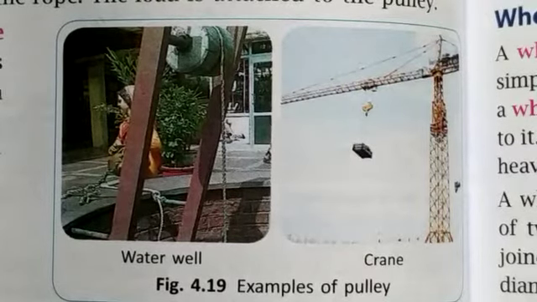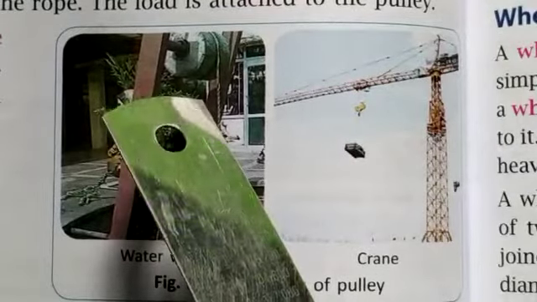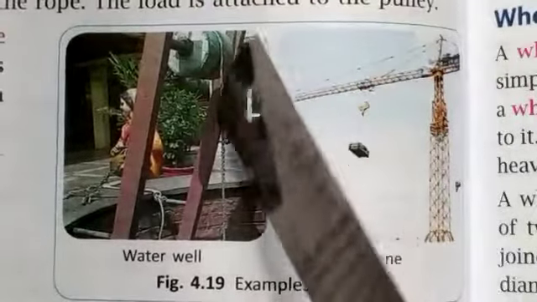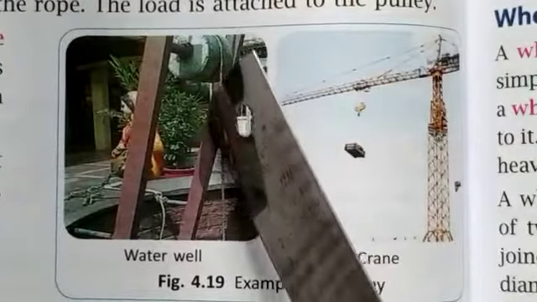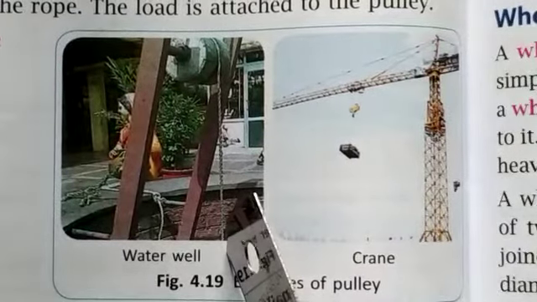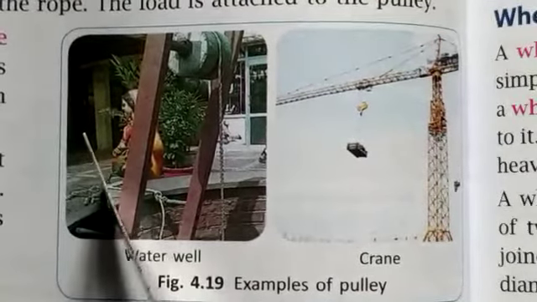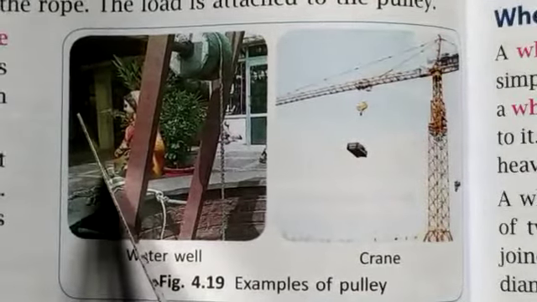Above it you can see a pulley-like structure, and the rope is there. One side of the rope is getting into the water and the other is outside. The lady is pulling it down.